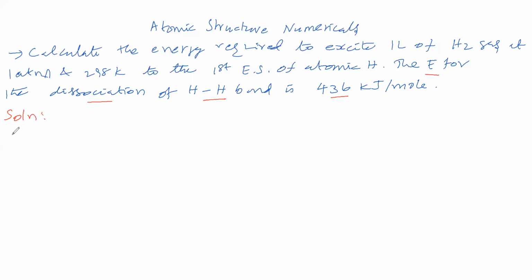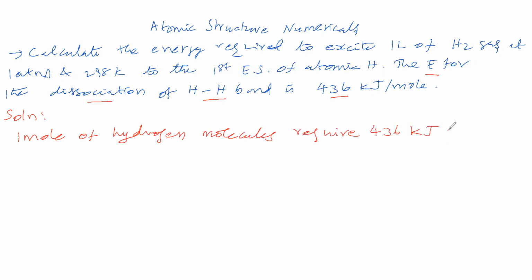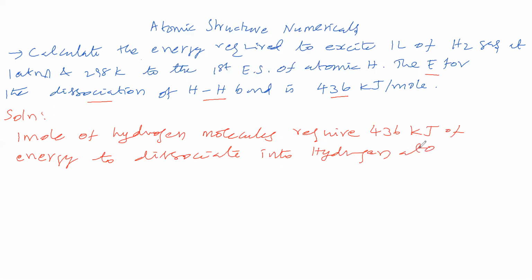The per mole means 1 mole of hydrogen molecules requires 436 kilojoule of energy to dissociate into hydrogen atoms. Okay. This is the meaning of this. 1 mole of hydrogen molecules requires this much.